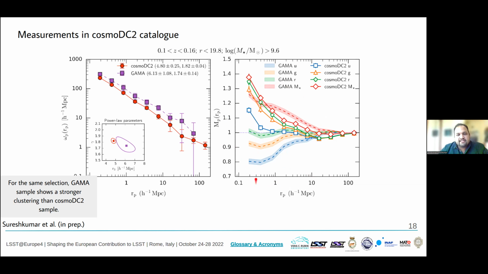So it gives us a scale-dependent probe of the environment. We do not have to classify into different environments.